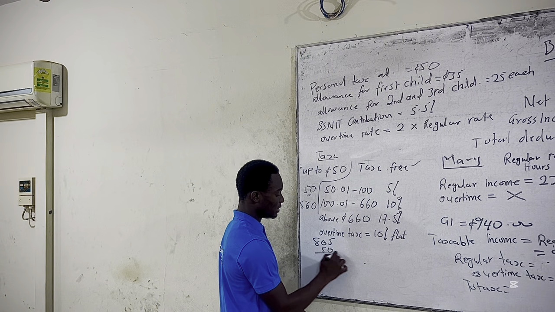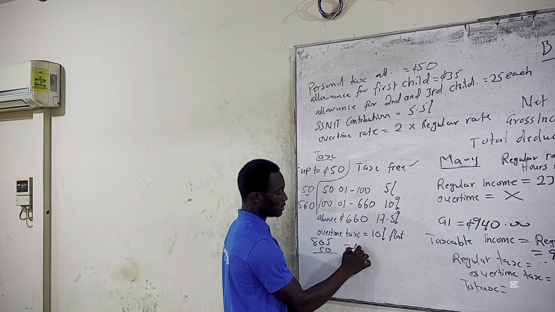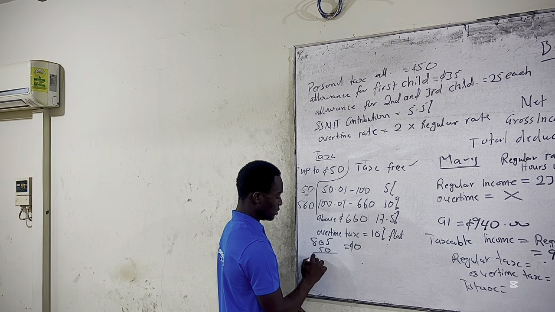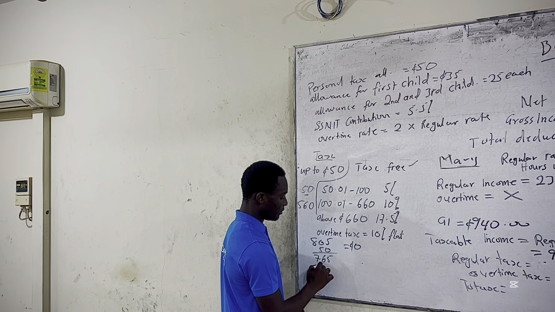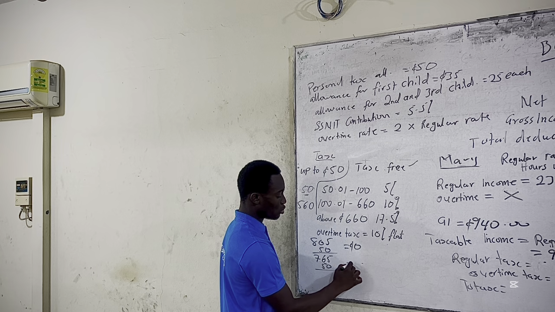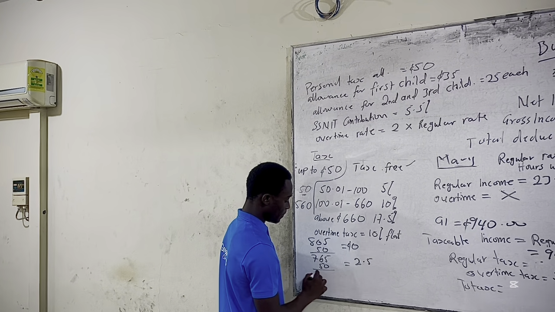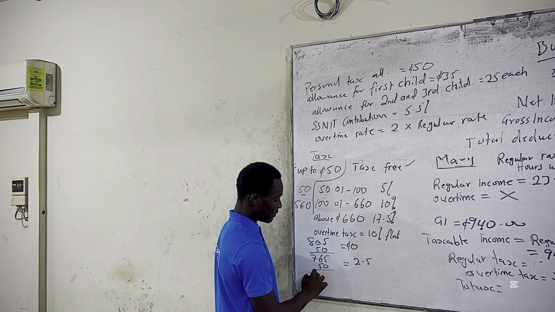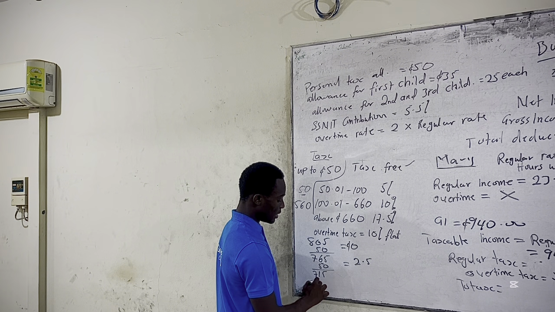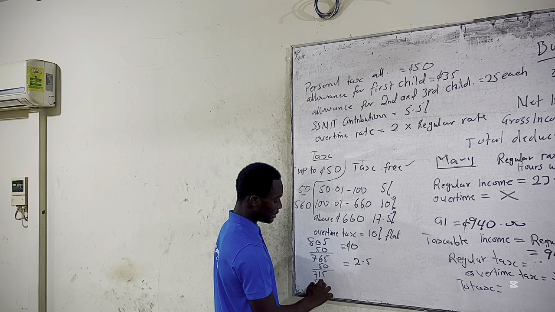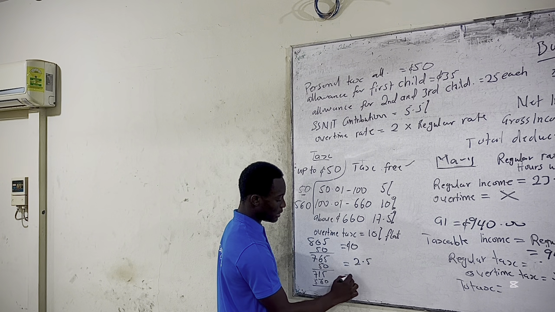So the first 50 give us what? 0. From that, you're going to get 765. The next 50 is also going to give us 2.5. And then you take this, you get 715. And the next 560 is going to give us what?